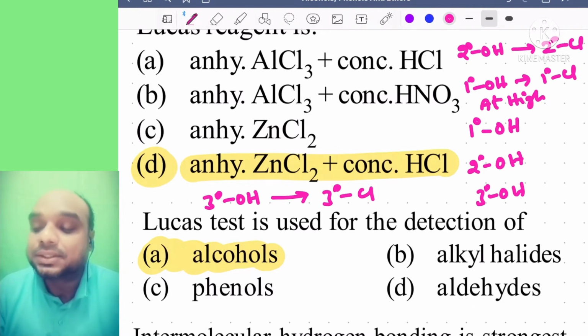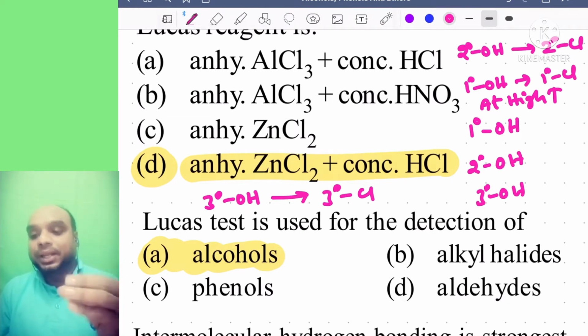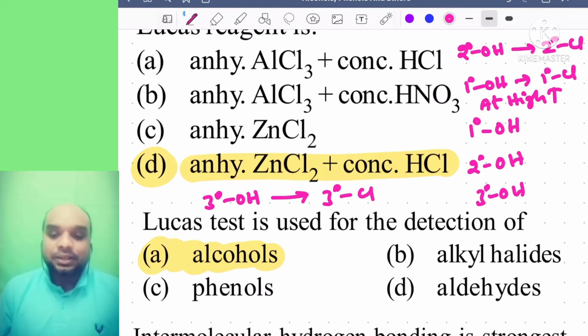At room temperature, primary alcohol won't give turbidity. At high temperature, this one can also give turbidity. Okay, students, understand? So this is called Lucas reagent.